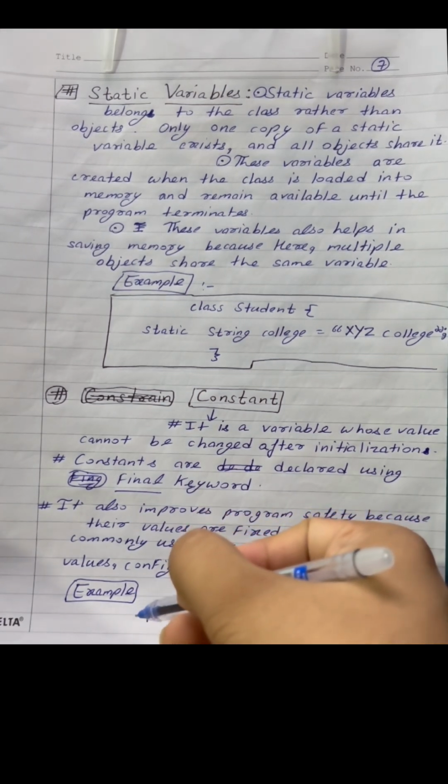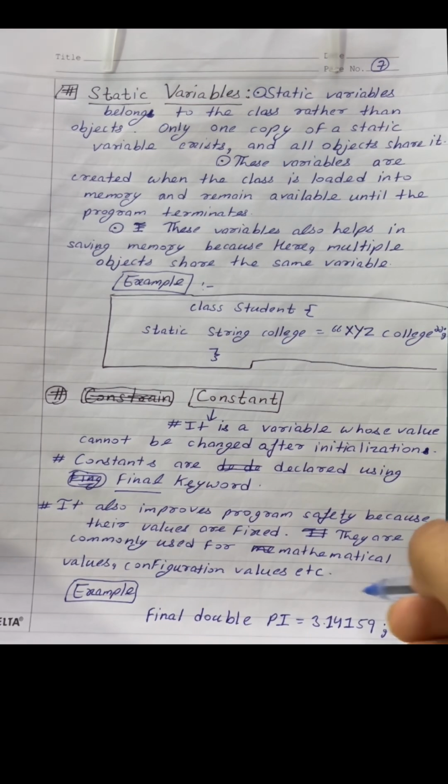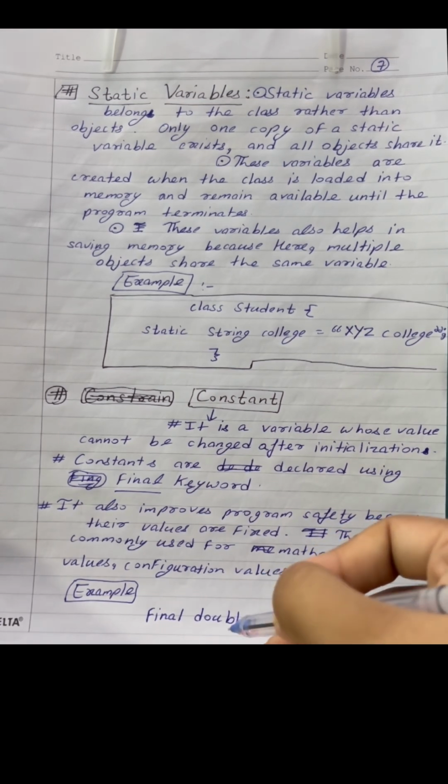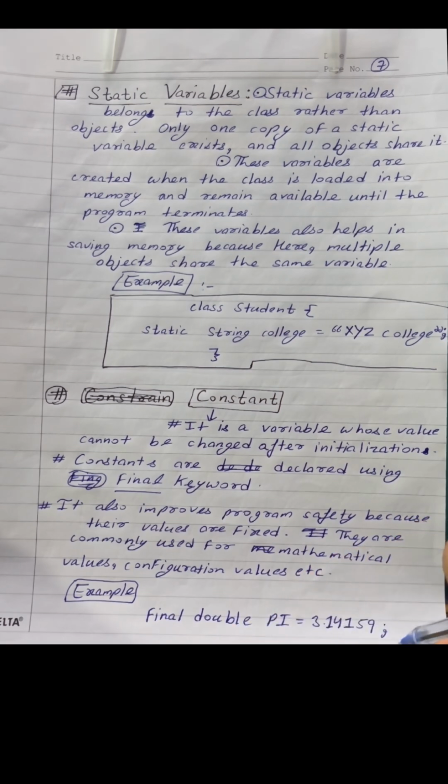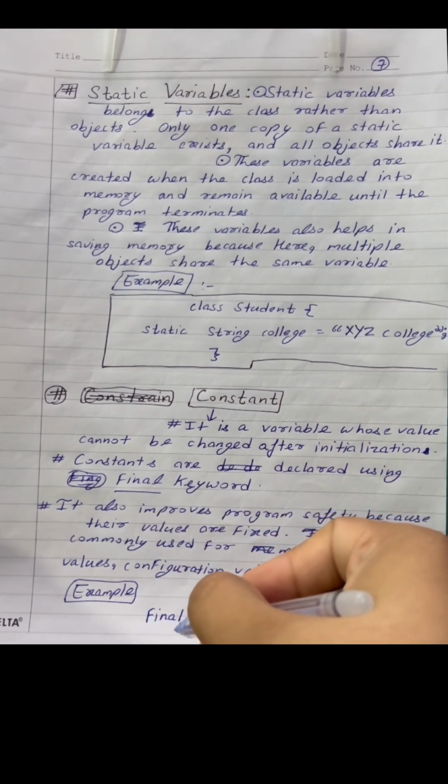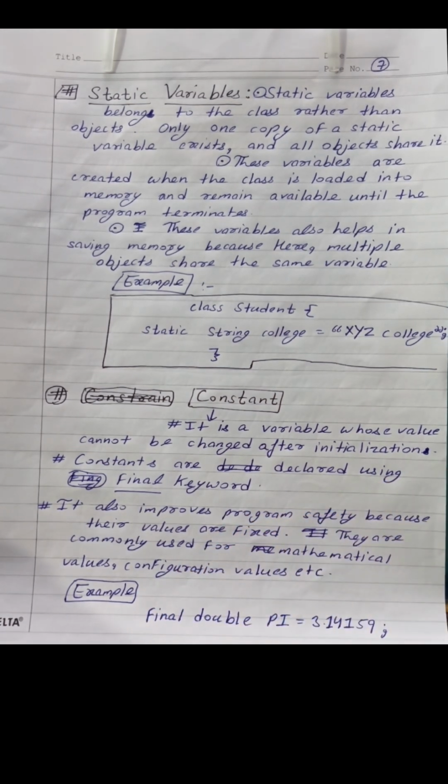Like in this example also, here we take the pi value in a double data type with a final keyword, so it should not be changed.